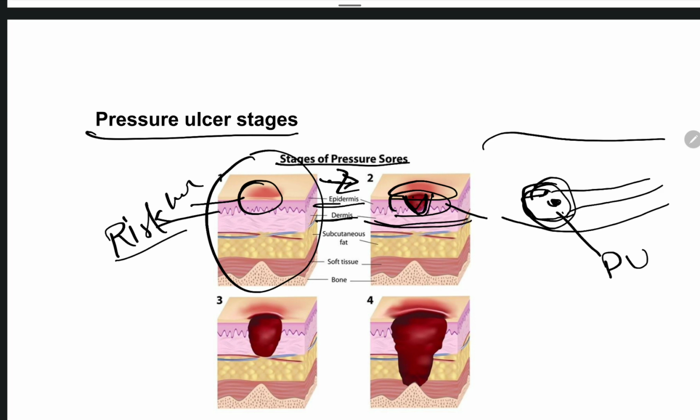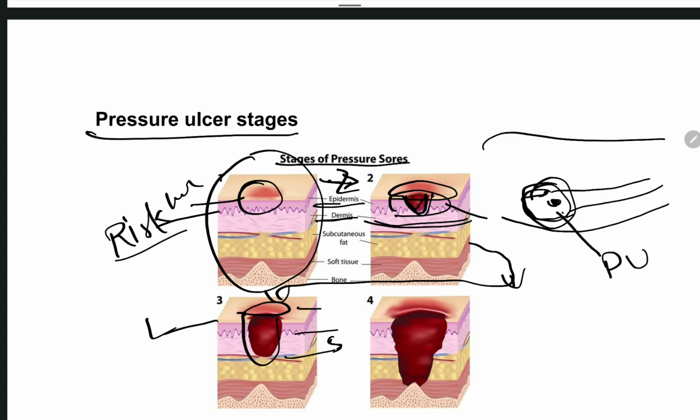The third stage is when you are still not treating the patient, it goes to stage 3. In stage 3, the epidermis and dermis are affected and it closely touches the subcutaneous layer, that is nothing but fat. If you are still not treating, it goes deeper.